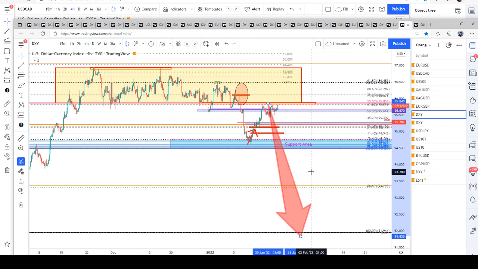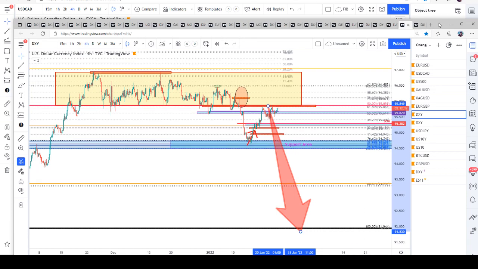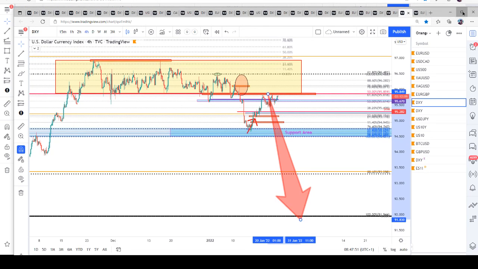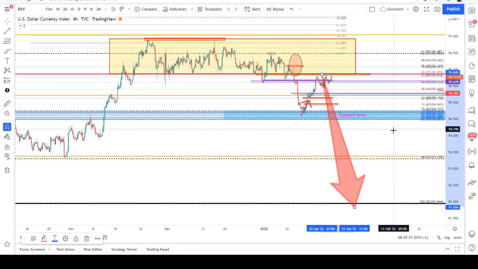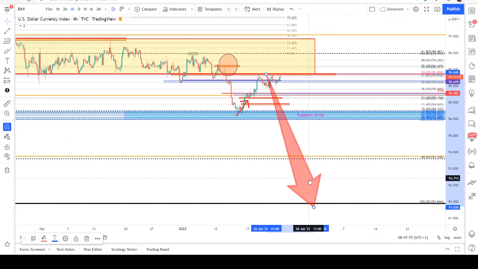Of course, we have FOMC this week, but FOMC is just shaking the market at the end. Many things have already been taken into consideration by the market. Then the market is disappointed, and we have an inverted move from the move that was originally expected.